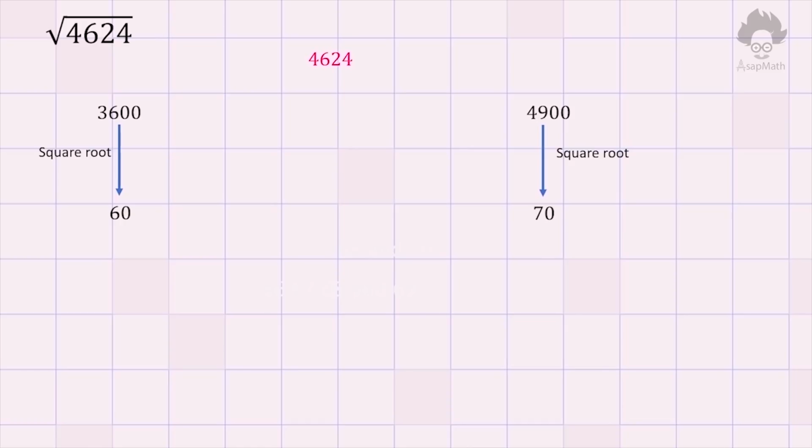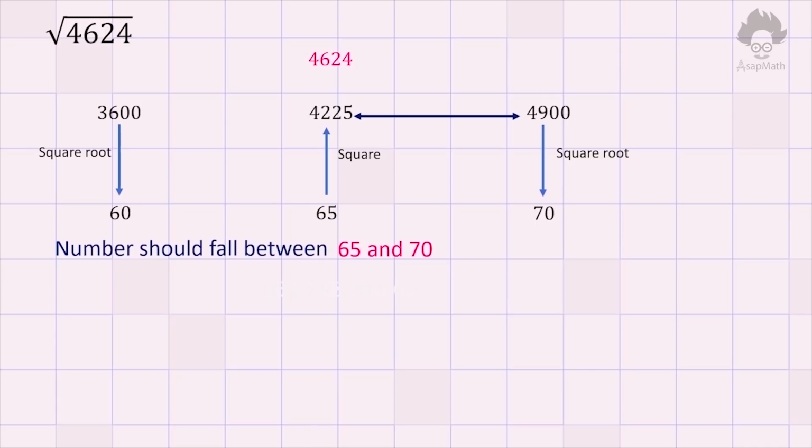To go for a closer approximation, now take the square of 65. Just remind the note 2. Square of 65 is 4225. As our number is 4624, now we can conclude that the answer falls between 65 and 70.